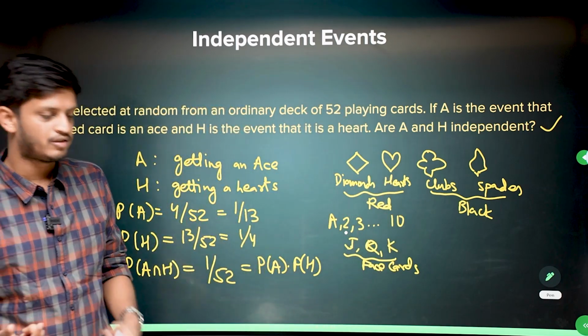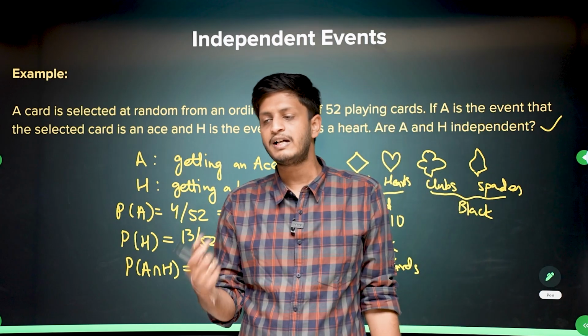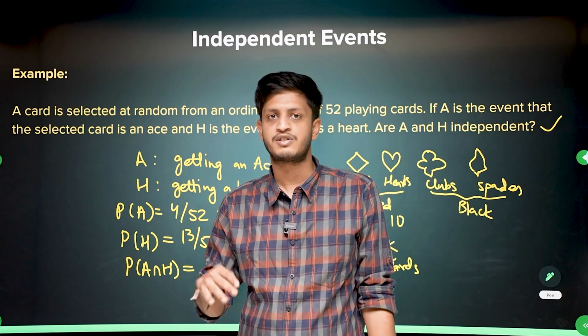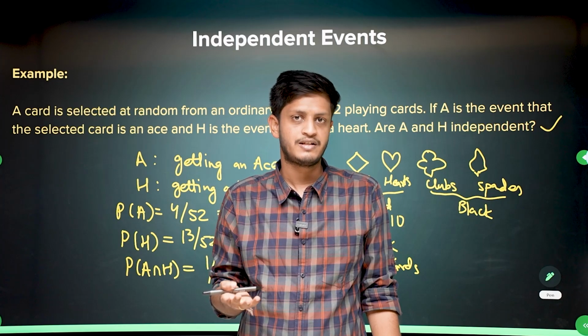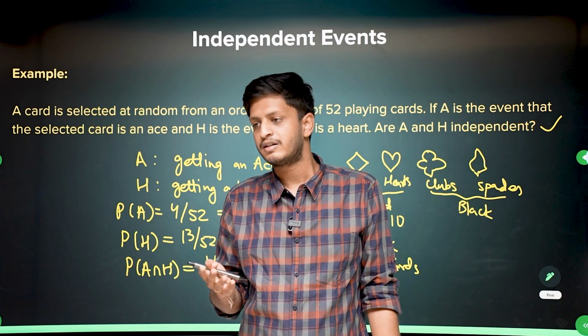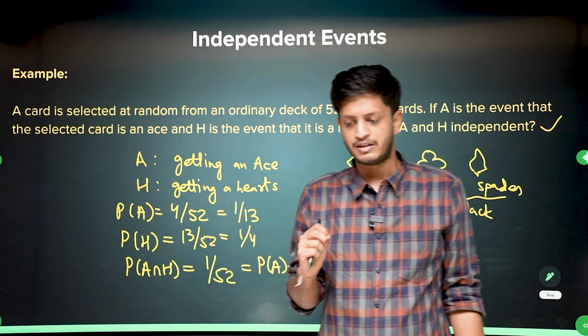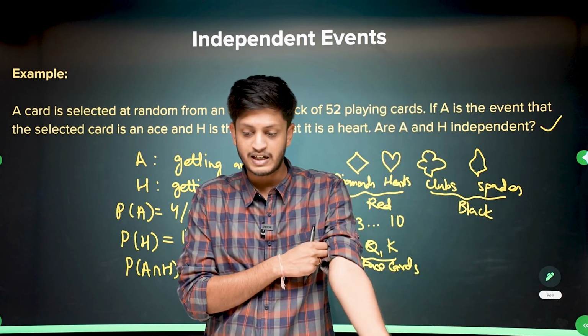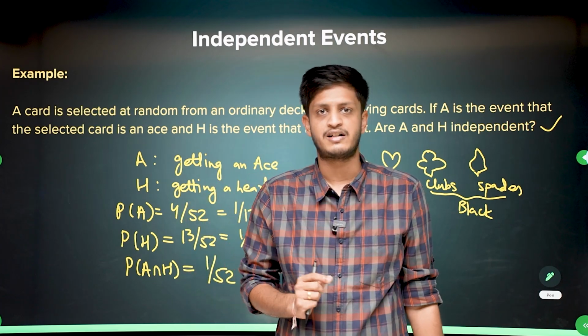You see that logically as well, it is correct. Event A was getting an ace, event H was getting hearts. What is the probability of getting an ace initially? It was 1 by 13 because there were only 4 ace cards. Now event H says it is definite that you are getting hearts.